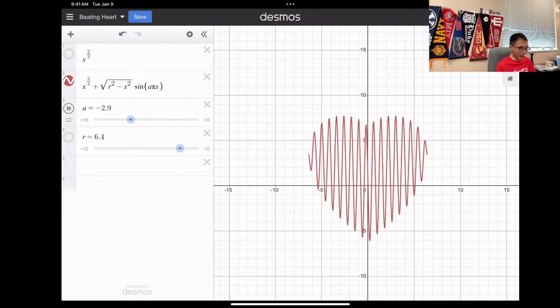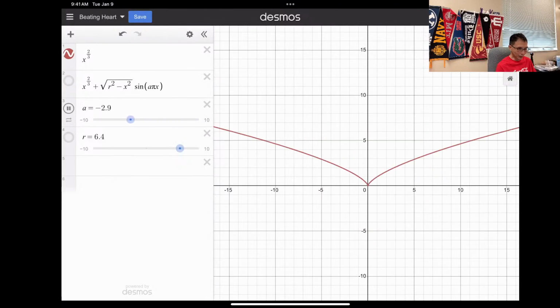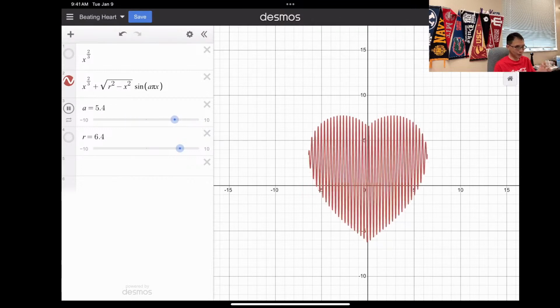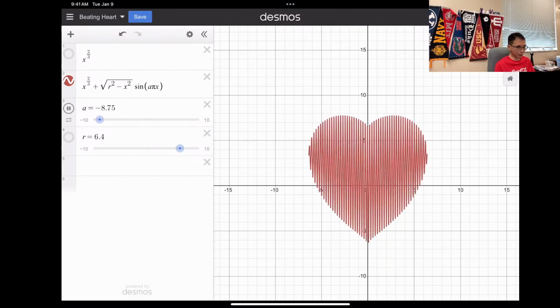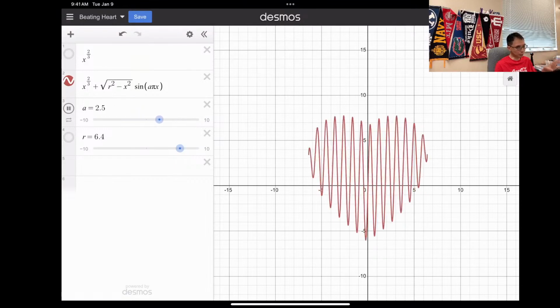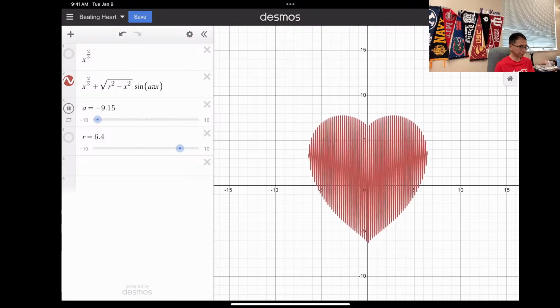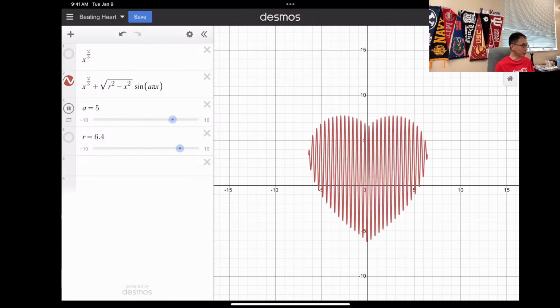Now you see that x to the 2/3. This is the top part of the heart. This one actually breaks into a circular shape, so it will become a heart. But you see it's x to the 2/3 plus the square root of r squared minus x squared. That's actually a circle graph.